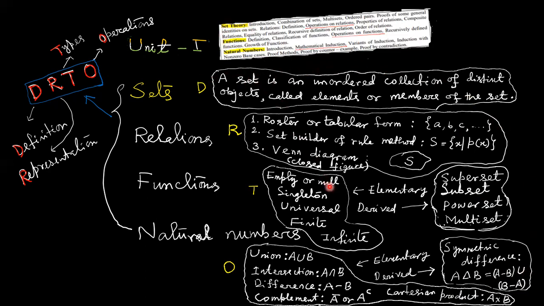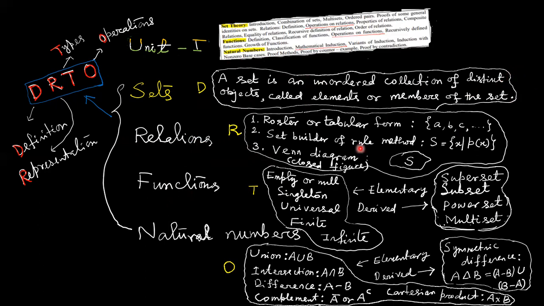So whenever we are going to discuss sets, we should understand these things in detail, every terminology in detail. So we'll see some examples, but before that, for this unit, we'll discuss all other parts in this particular fashion.